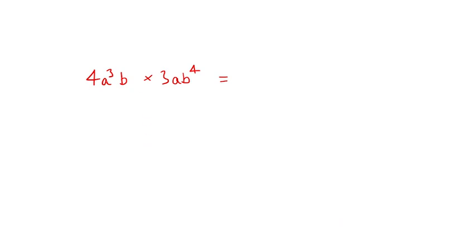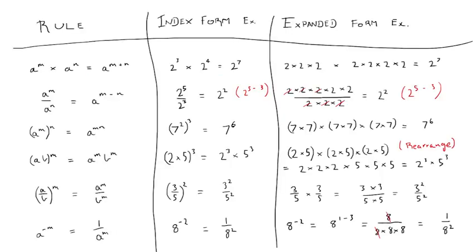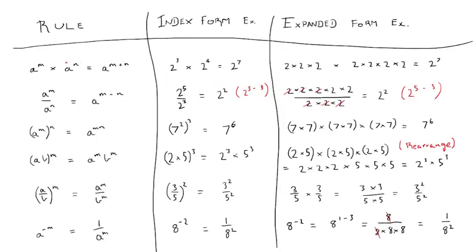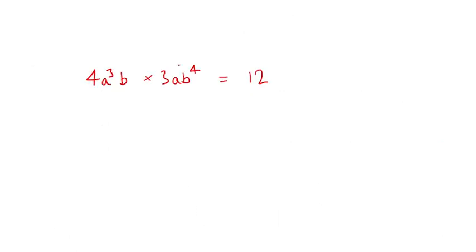Firstly, we have to do 4 times 3, just deal with the numbers, so that's 12. But here, let's use the first index law. A to the power of m times a to the power of n is a to the power of m plus n. So in this case, m would be 3, and n would be 1, because a is just the same as a to the power of 1.